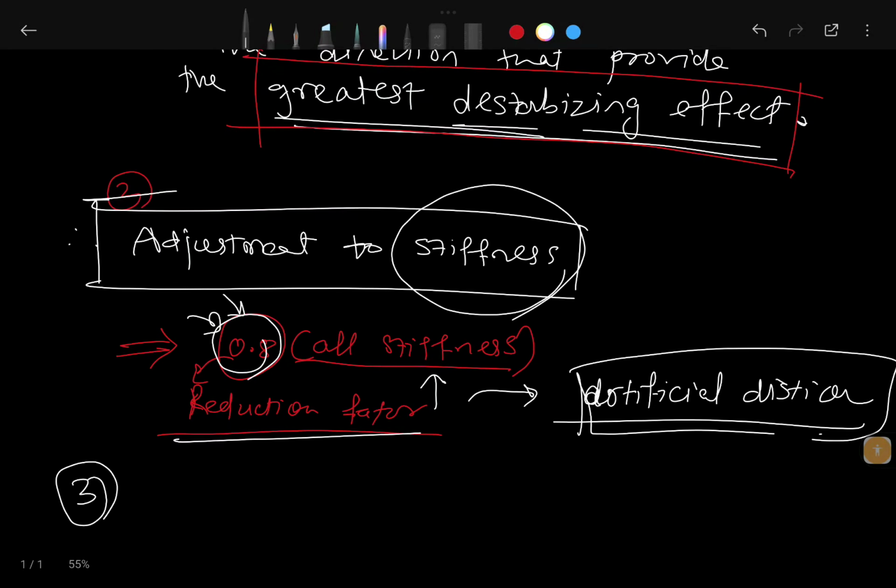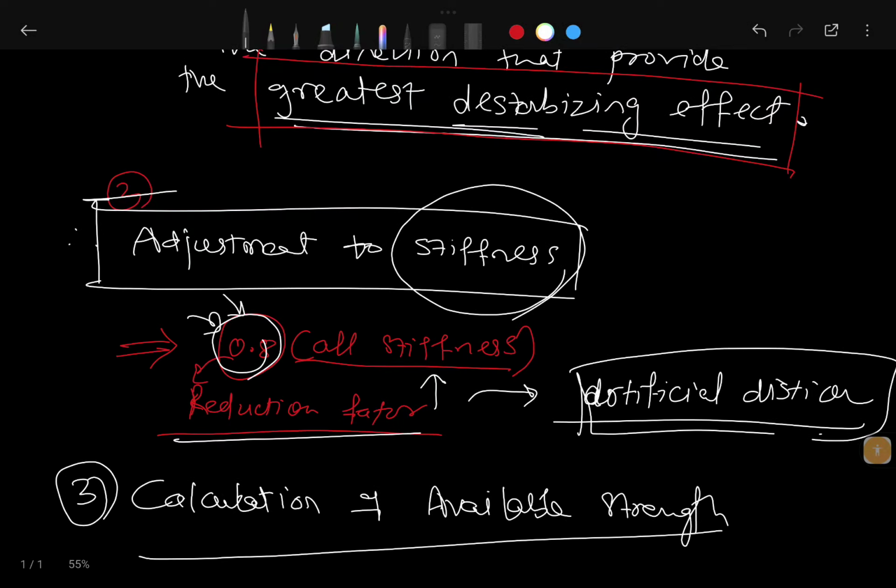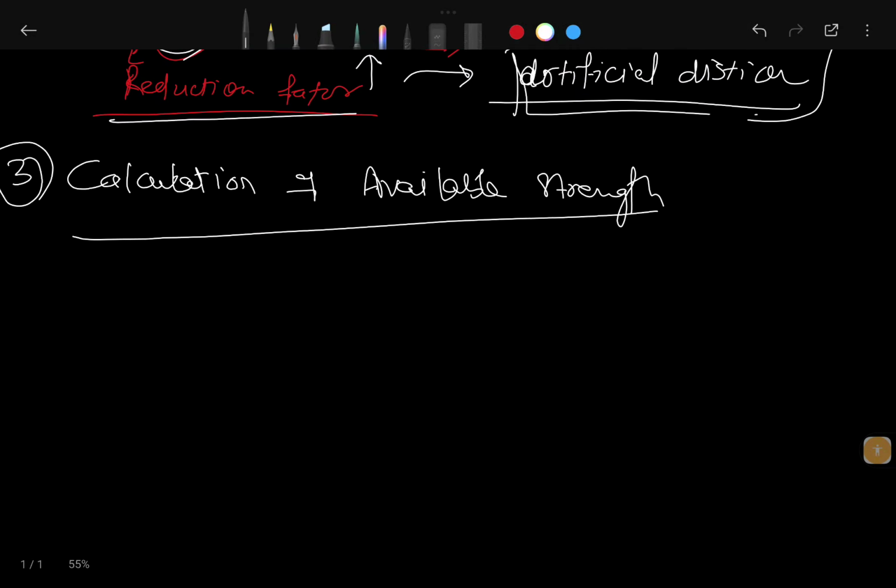Now, the third point, calculation of available strength. Now you can consider this point.